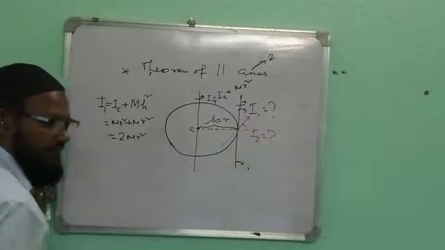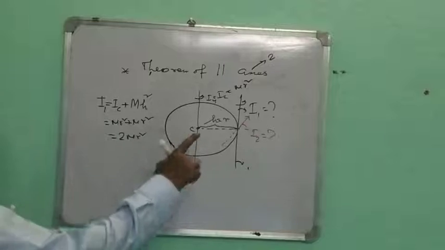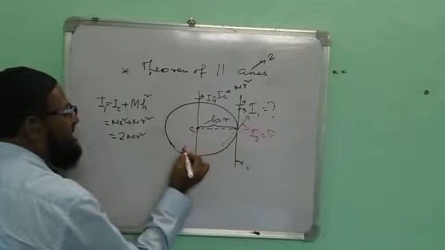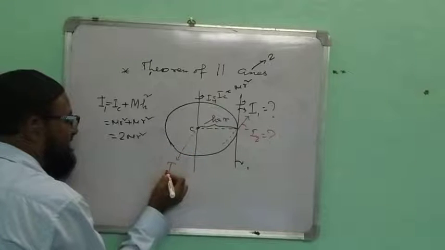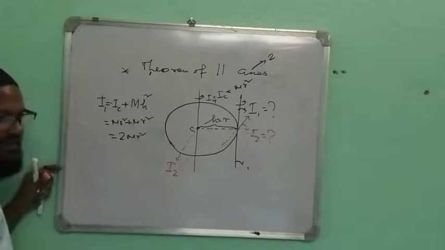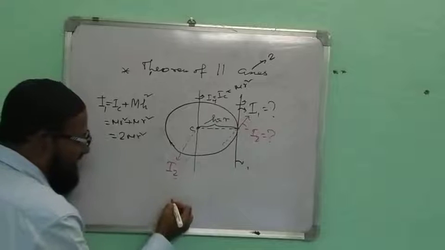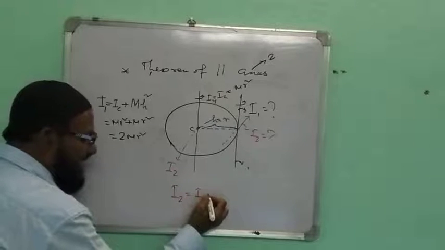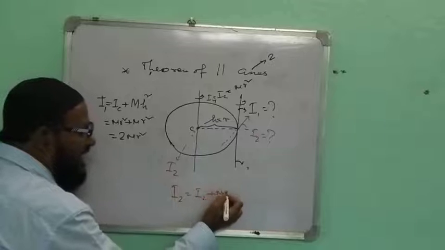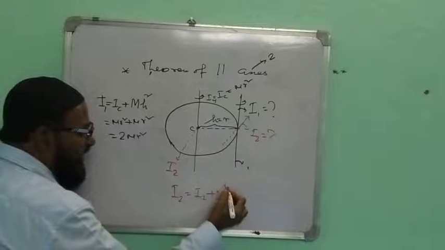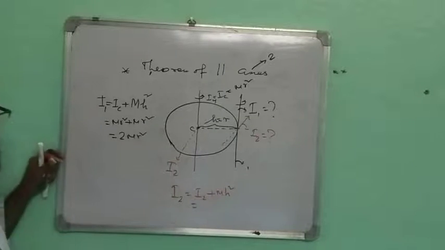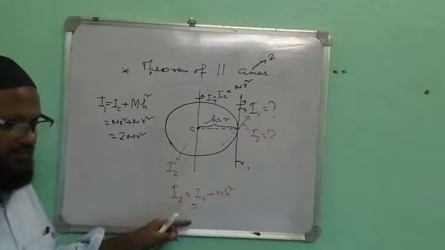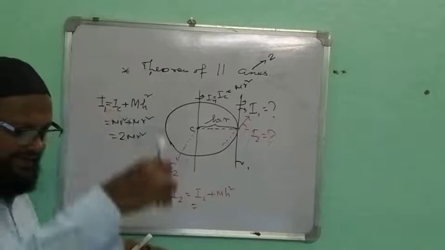What is the formula? In this case, its parallel axis is like this, and this is I_Z. What is the formula? I2 equals I_Z plus M H square. What is this I_Z? Here is the physics. The ring is like this, and this is the center.